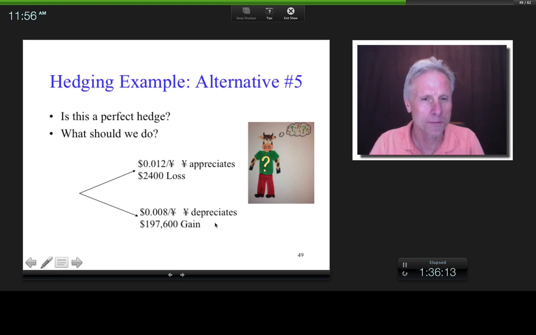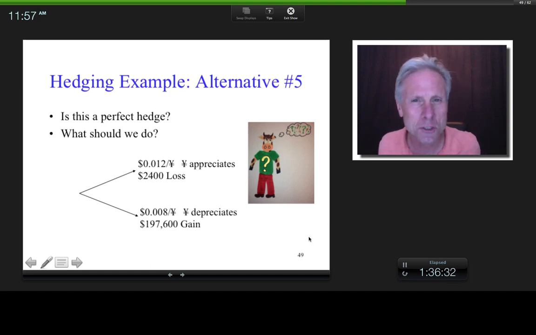So here's my question. If this was a forward contract, this number here, the 2,400 loss, and that number there, the 197,600 gain, those would be 0, 0. But with the option, we've got a minus 2,400 and a plus 197,600, and I intentionally made the numbers look tempting.